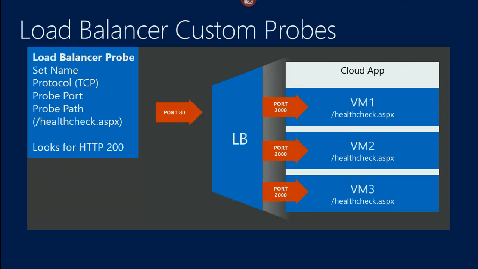But you can specify a custom load balancer probe path. So you could say, for example, I've got a special health code that checks the health of this thing, and it's going to respond on a certain URL, a certain virtual directory there, healthcheck.aspx, implement the custom logic, and then respond either with an OK or not to the load balancer. And that way you can control how these things come into and out of rotation.